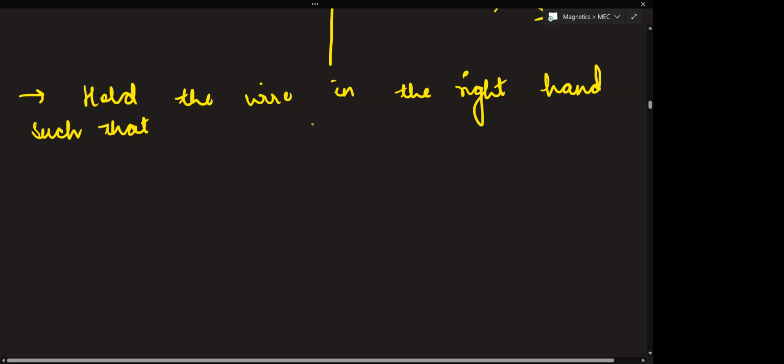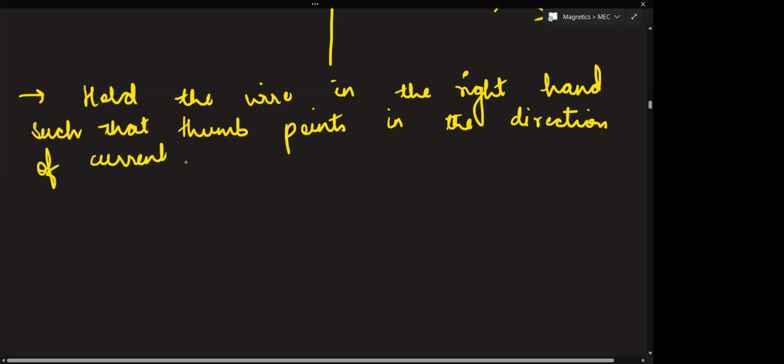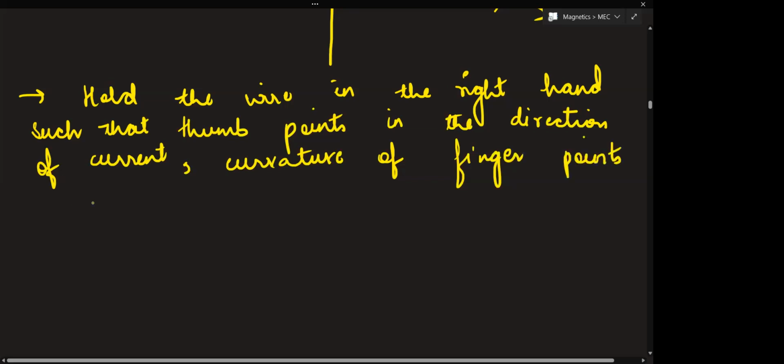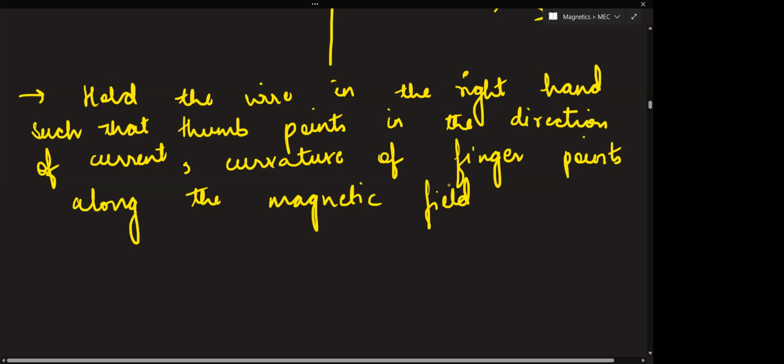So with the right hand, the thumb points in the direction of current, and then the curvature of the fingers points along the magnetic field.